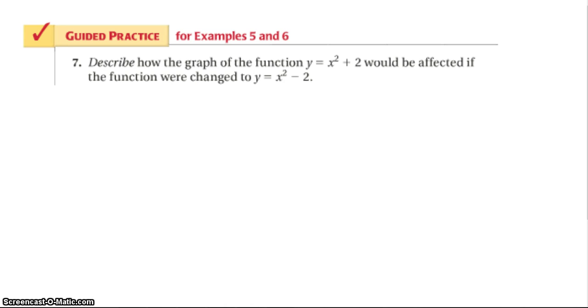Lauren? Well, y equals x squared plus 2 is a translation of 4. Excellent. She says it's a translation of -4. So we went from being at 2 to being at -2, so we had to travel down 4. So this would be the fastest way to describe this transformation.